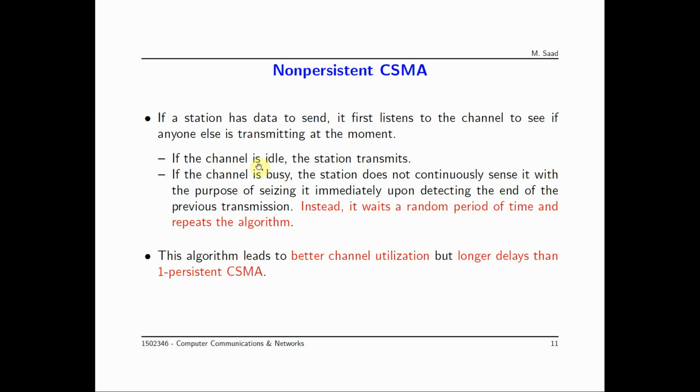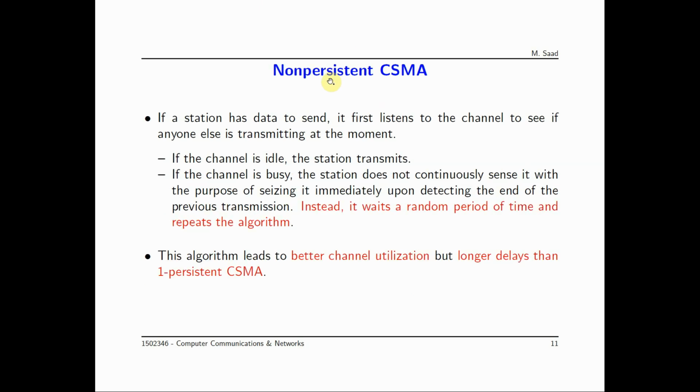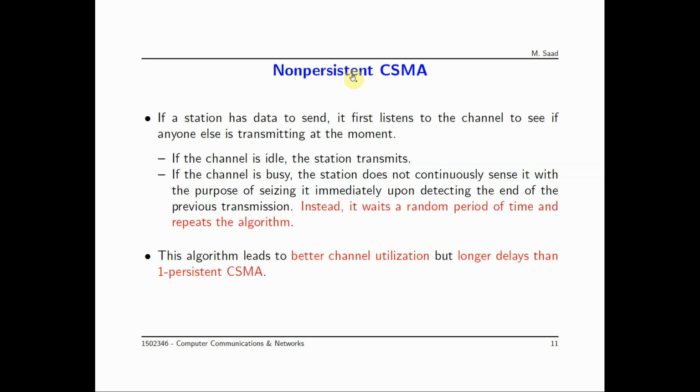If they find the channel busy, they back off for random time and then come back later to start over again. As an analogy, if you go to your favorite shop and find it closed, instead of waiting at the door, as in one persistent CSMA, you go home, wait for random time, and then you come back to check if it's open or not. So this is basically the difference between one persistent and non-persistent CSMA.